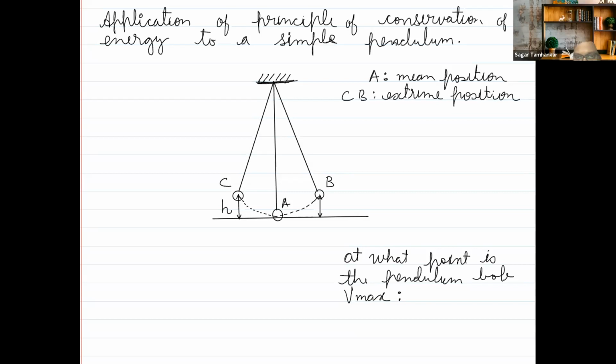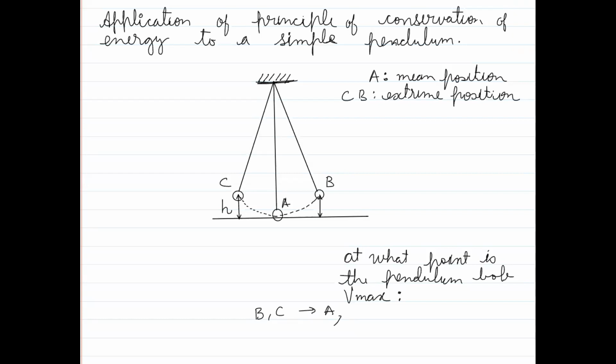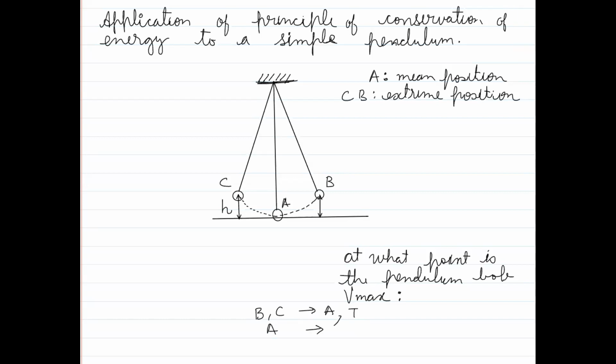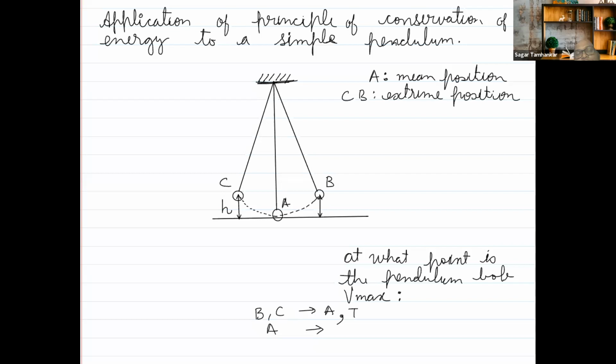So, okay, just a minute. So B and C, Aryaman said. Who else said? Tisha? Okay, so I have a question. Like, is it continuing or is it stopping after moving? The pendulum is oscillating.